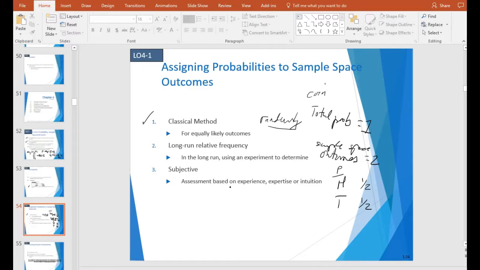And then lastly, subjective is something that we're not really going to use much of at all in this course, but we did want to mention it. And that's just using expertise or experience or intuition or any level of subjectivity to determine what a probability is. So an example of that would be a stock market analyst. He says that he thinks that the likelihood of a stock option going up is 70%.